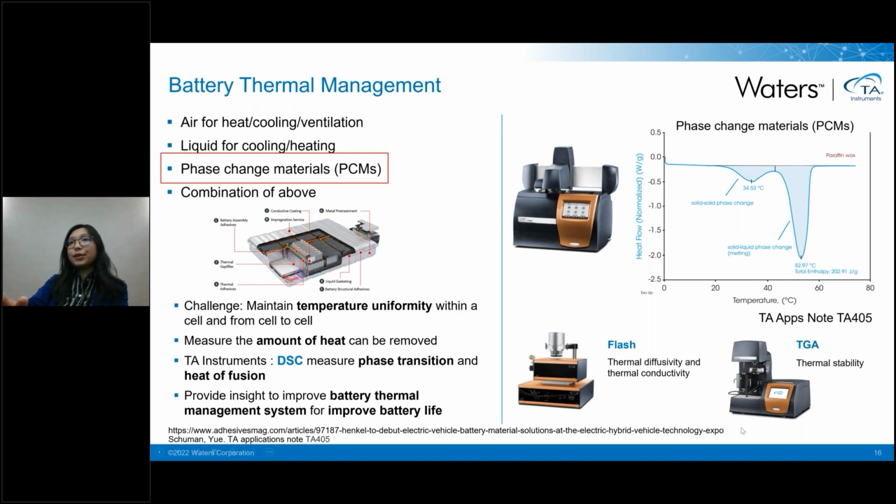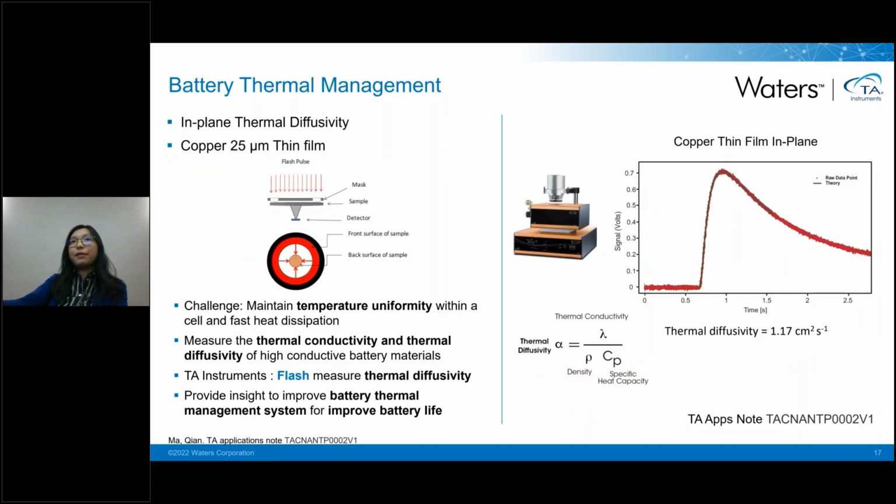In addition, TGA, to understand the thermal stability of this PCM material, is important to make sure that it is designed not to go above the degradation temperature of the phase change material. I mentioned the flash system previously; it measures thermal diffusivity, how fast the heat flows across into the material.